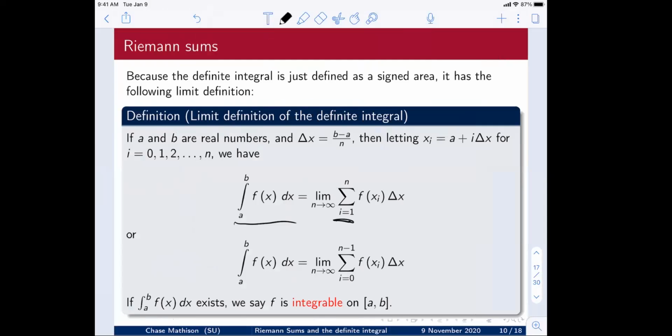These are the right Riemann sum. These rectangles use the right edge to go up to the curve. The second definition is the left Riemann sum. That uses the left edge of the rectangles to go up to the function. Is there a difference between them? Not functionally. They're going to give you the same answer when you find the area under a curve, the signed area. Okay.